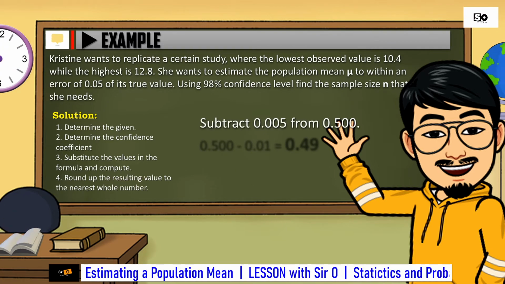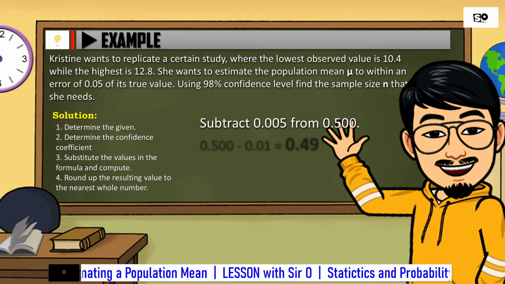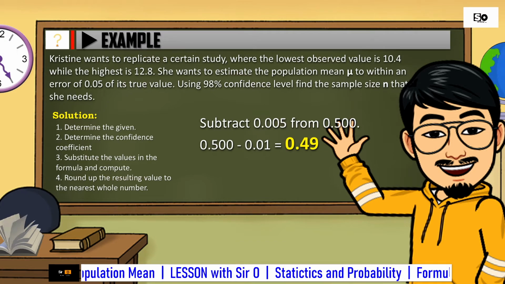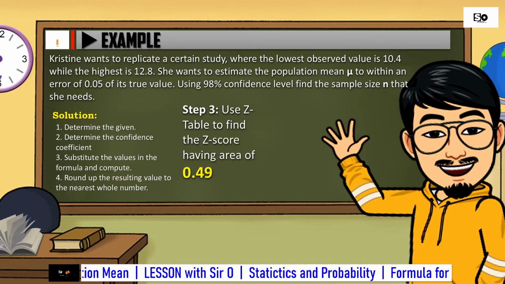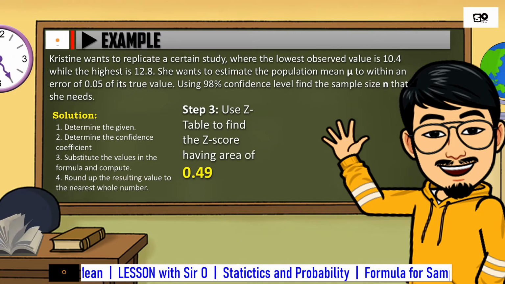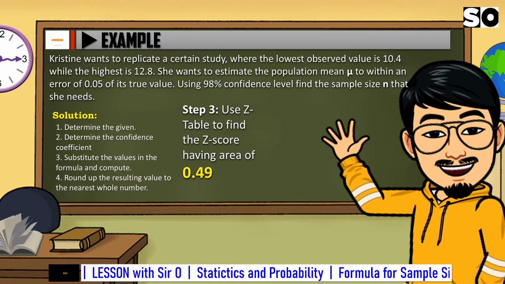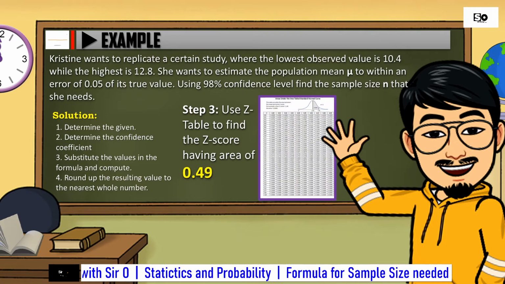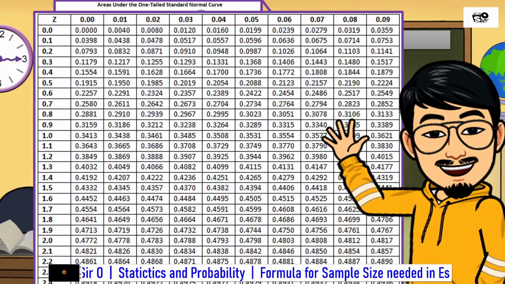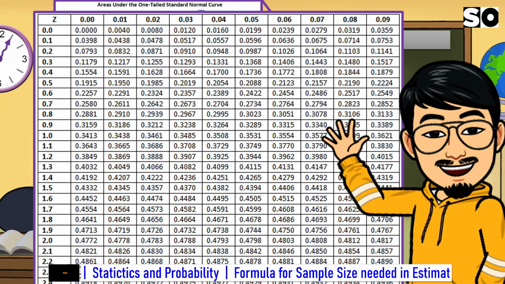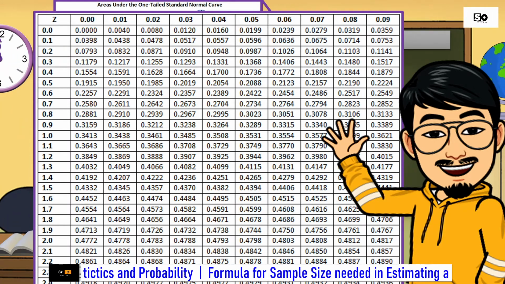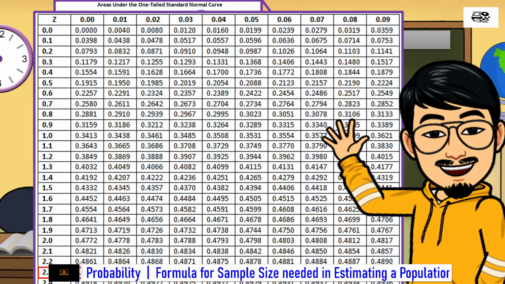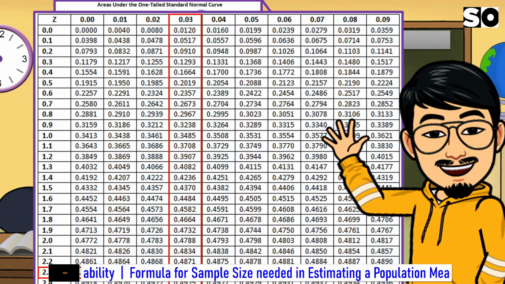Next is to subtract 0.01 from 0.5. So we have 0.49. Next step is to use the Z table to find the Z score having an area of 0.49. In our example, we are looking for 0.49. So we have 2.3 and 0.03.